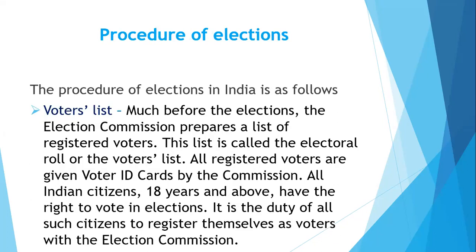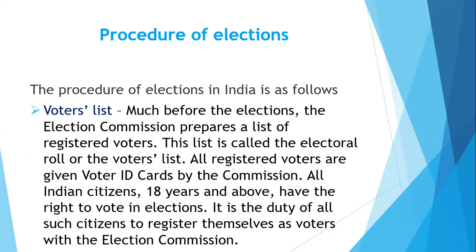Procedure of elections. The procedure of election in India is as follows. Voters list. Much before the elections, the Election Commission prepares a list of registered voters. This list is called the electoral roll or the voters list.